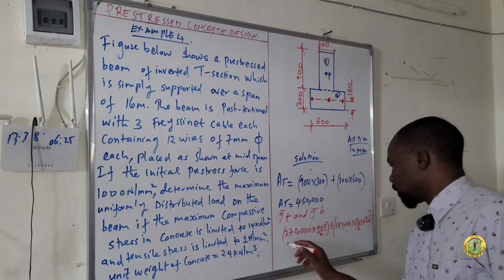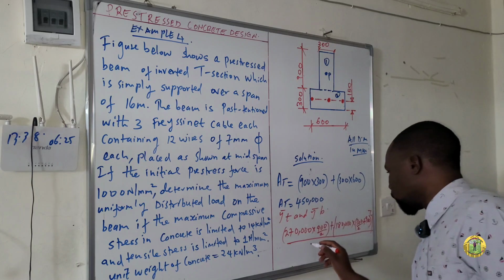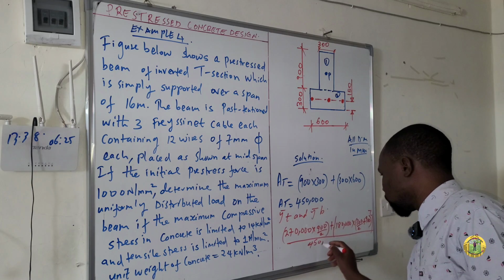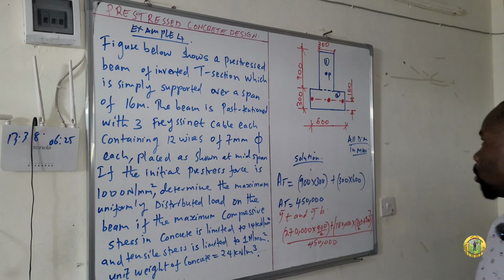Then we divide everything by the total area, which is 450,000.